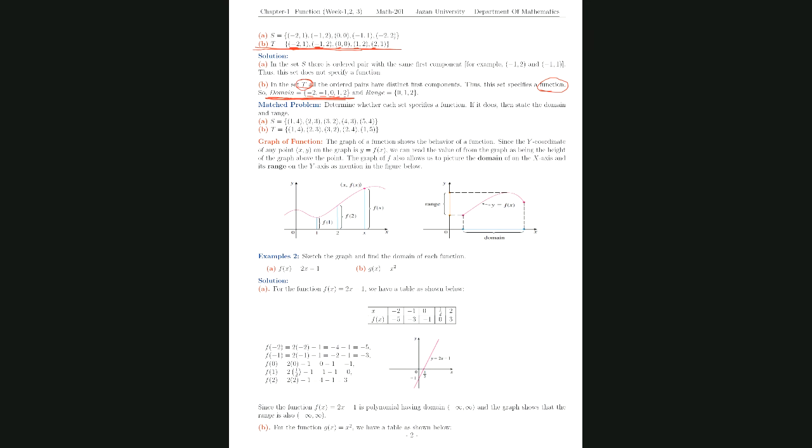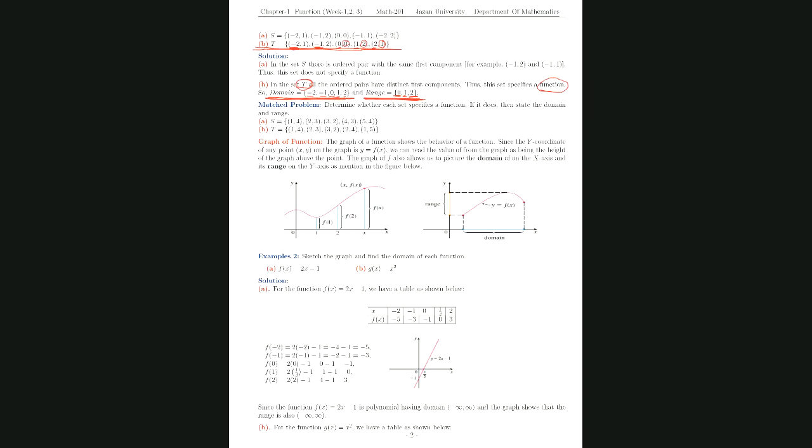Now see the range. Range means output. So what are the outputs here? Output 0, output 1, and output 2.